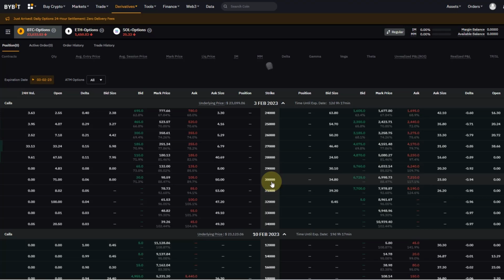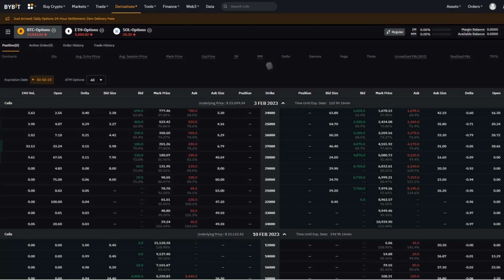Then this means that you have the right to buy Bitcoin at 30,000 on or before that date. So if the price of Bitcoin rises above 30,000, you can exercise your option and buy Bitcoin at 30,000, and you make a profit because the actual Bitcoin price has gone above it. So you buy it for cheaper and that is your profit.